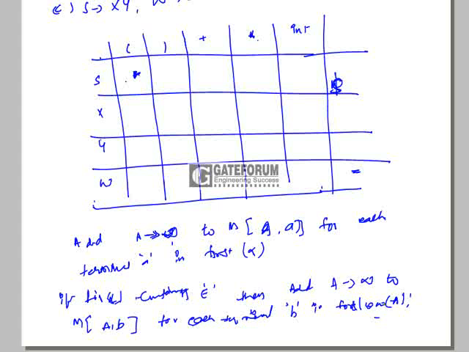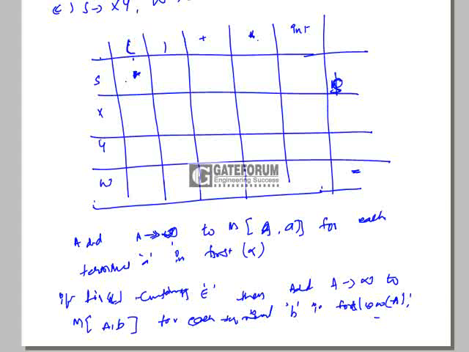Here we have to find the entry in row S, column left parenthesis. That means the production should start with S, and the first of the right hand side should be this left parenthesis.